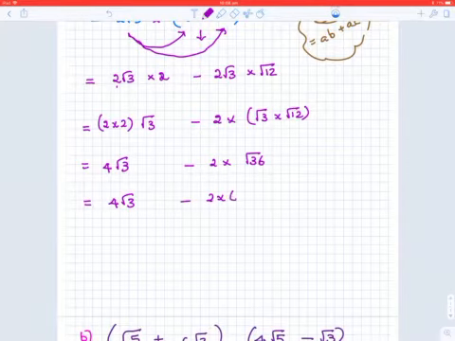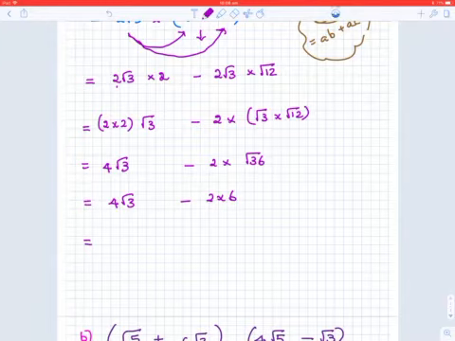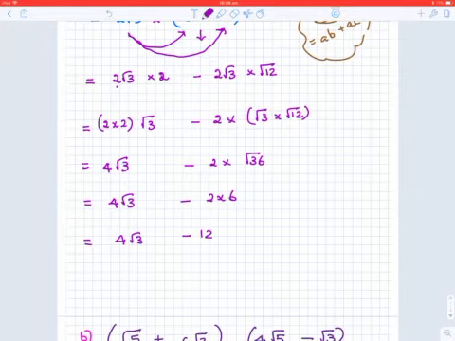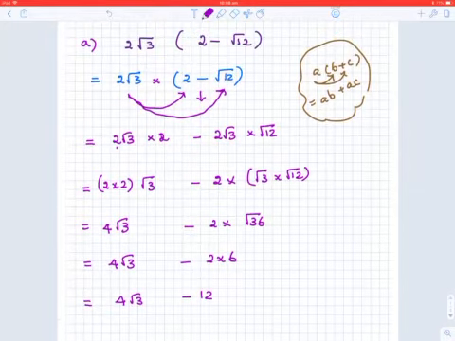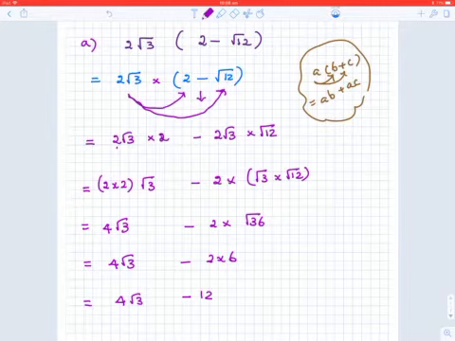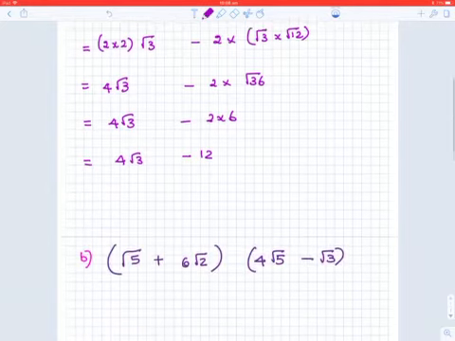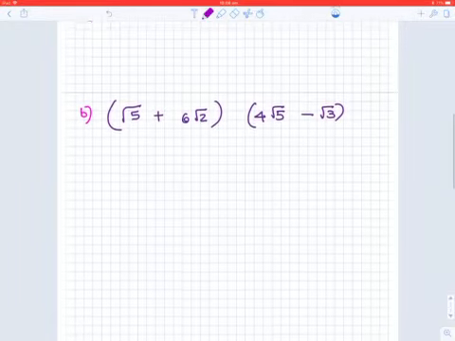Now we know root 36 is 6, so it's 4 root 3 minus 2 times 6. So the answer is 4 root 3 minus 12. So this is the expansion of 2 root 3 bracket 2 minus root 12.